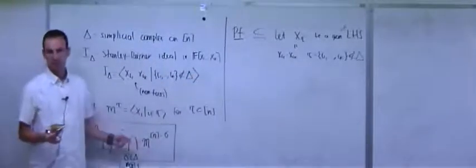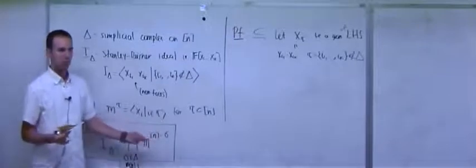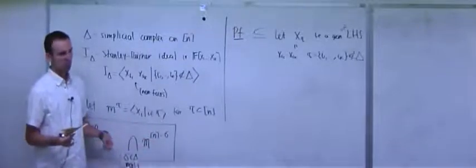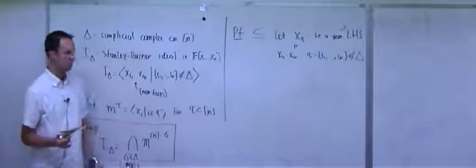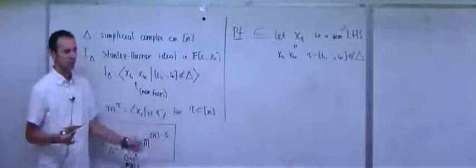Okay. So I take a generator of the left-hand side, and I need to find it in the right-hand side. Well, to prove that it's in the right-hand side, this is an intersection. So to prove that it's in the right-hand side, I would need to prove that it's in every one of these guys that I'm intersecting. So let's proceed by contradiction. So let's suppose that this guy x sub tau is not in here.